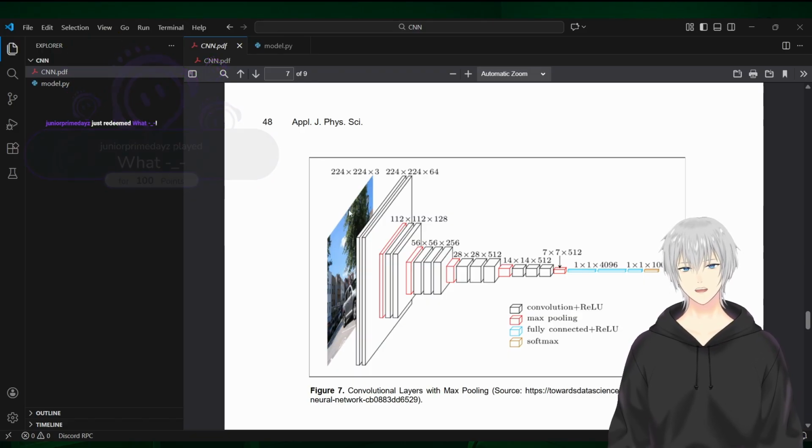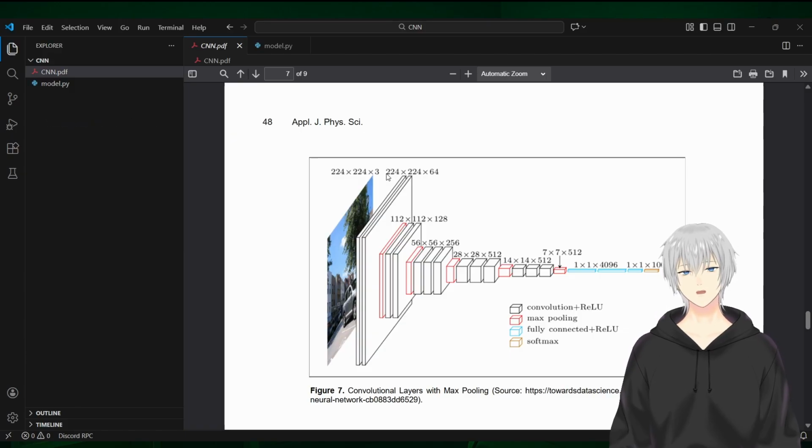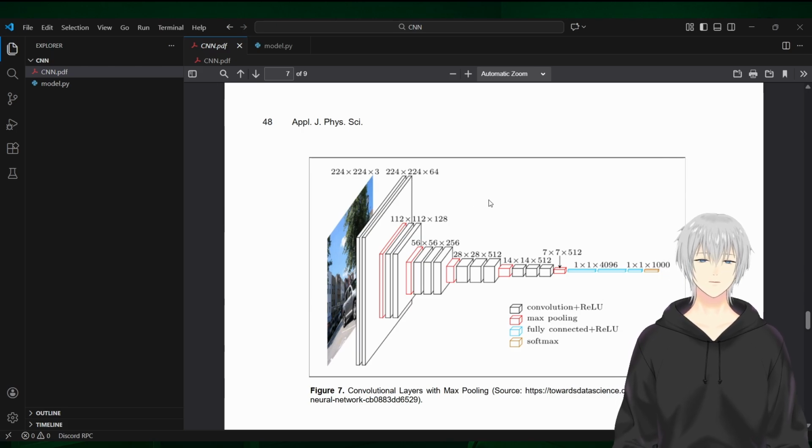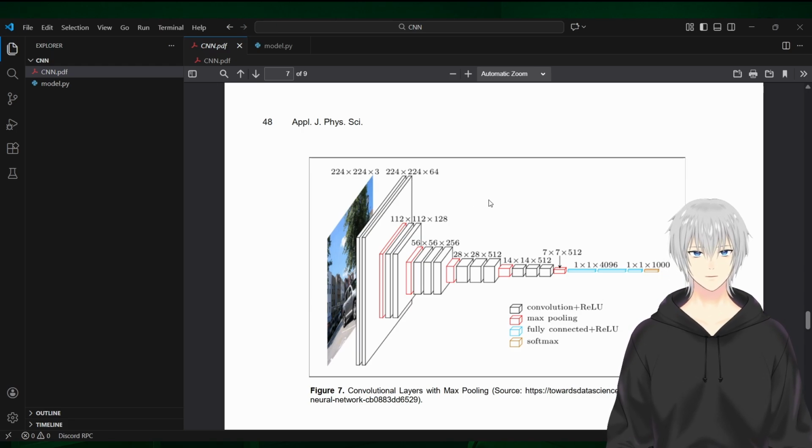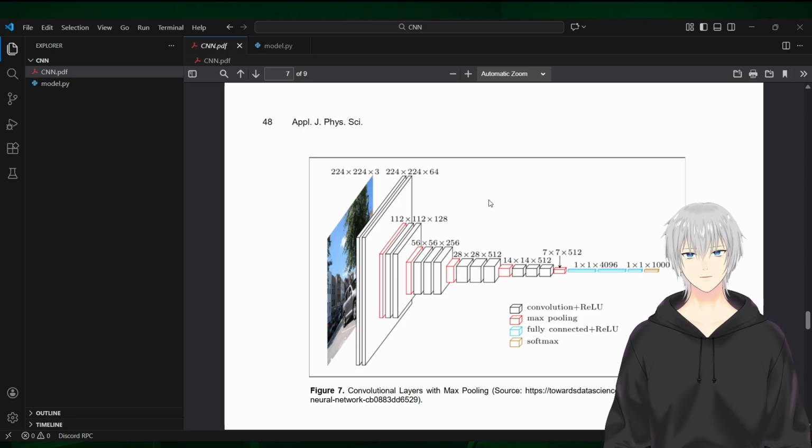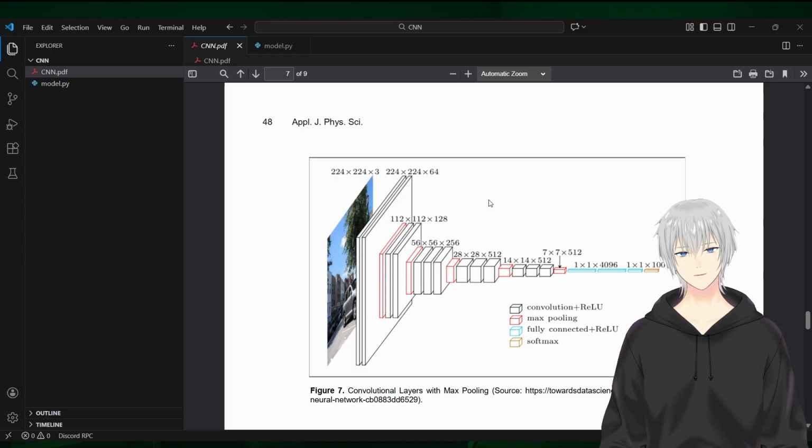Damn it. Okay, then wait, what? Wait, how did we go from 224, 224, 3 to 224, 224, 64? What? Wait, how did we even get to 64?